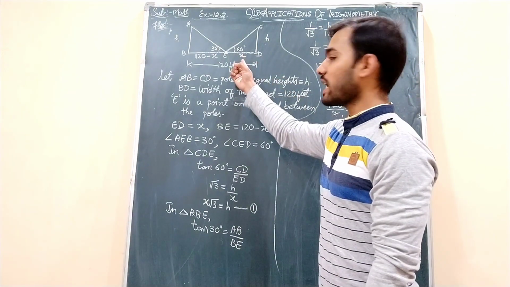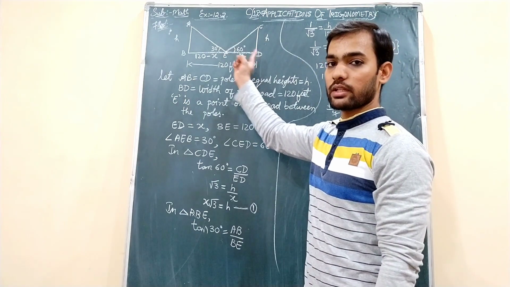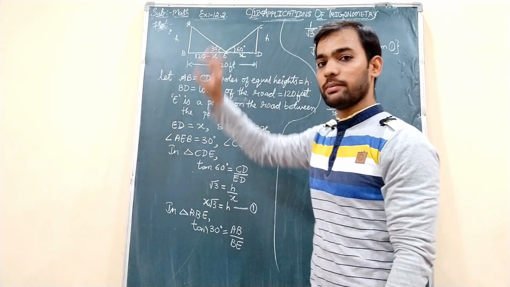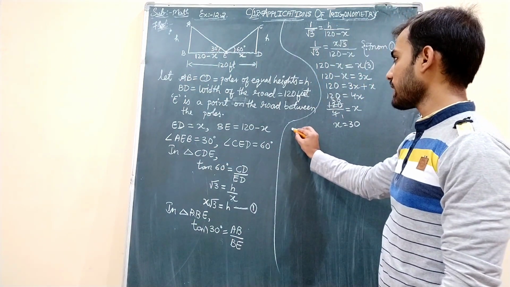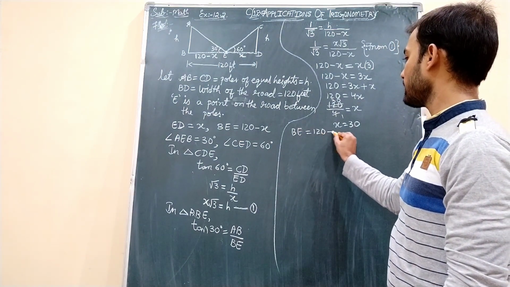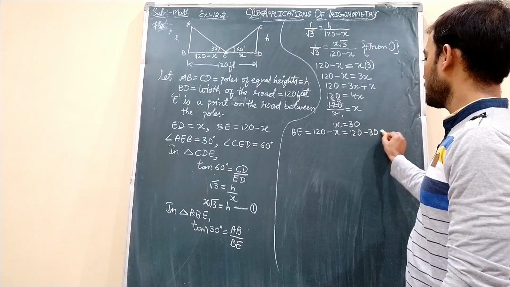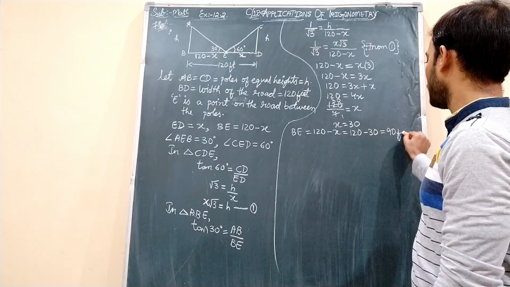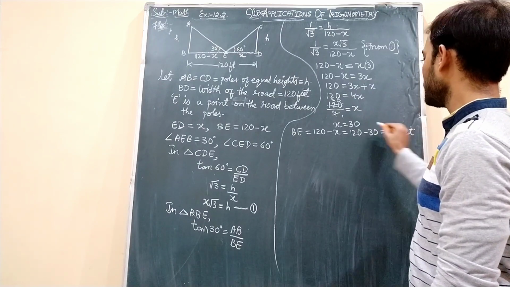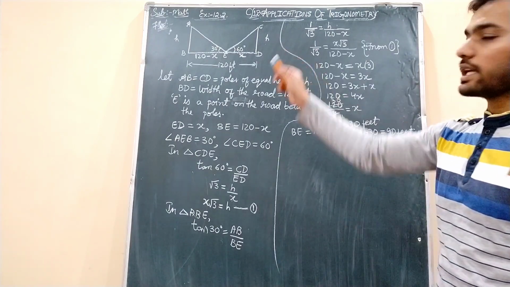The point is at 30 feet distance from one pole. So from the other pole it will be 90 feet. That also we will calculate. BE is equal to 120 minus x equals 120 minus 30 equals 90 feet. Okay students, x I got as 30 feet and BE I got as 90 feet.